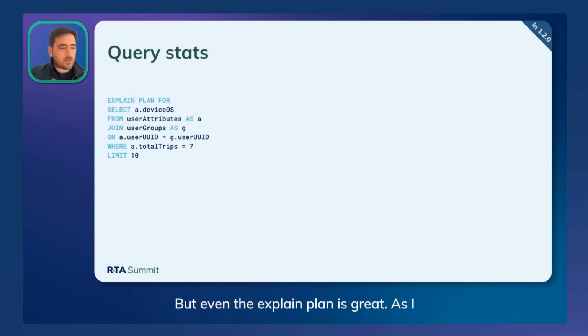But even if the explain plan is great, as I said, it's only static information, only information we can infer from the query before running it. Query stats are just the other side of the coin, right? Query stats are collected whenever you run a multi-stage query, and the result, the payload we send to the clients that are running the queries, is enriched with all these stats, right?